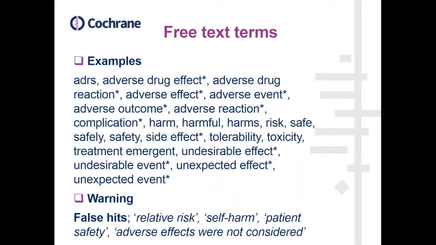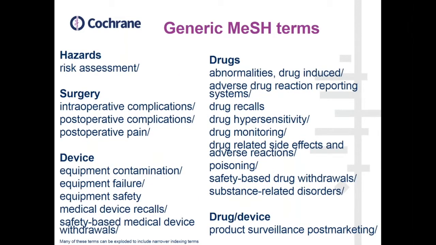As well as free text terms, you also need to think about the indexing terms. Now, I've listed here a few generic MeSH terms that are useful, say for MEDLINE or the Cochrane Library. As you can see, they vary depending on the type of intervention that you're looking at.